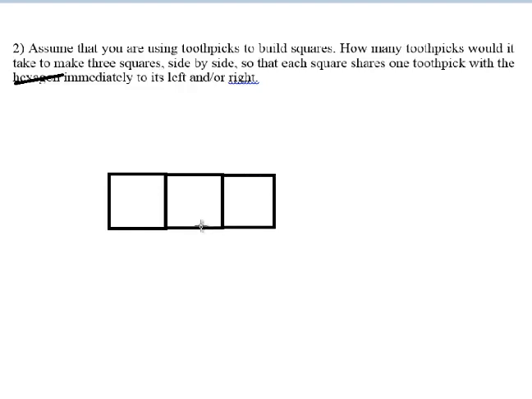In this kind of scenario, you can really just count them. 1, 2, 3, 4, 5, 6, 7, 8, 9, 10. It seems like there's 10, which also makes sense because there will be 3 squares, 3 times 4 is 12, and then there are 2 that are being shared. So either way, the answer would be 10.